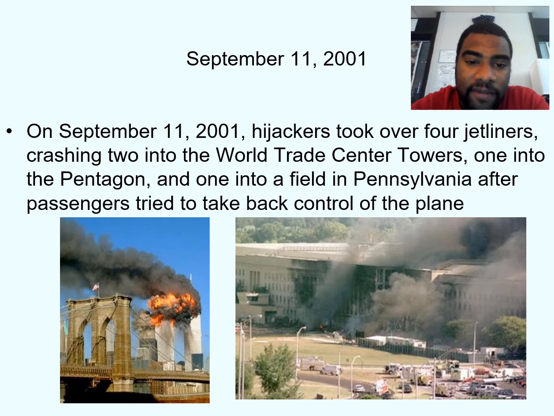On September 11, 2001, hijackers took over 4 jetliners, crashing 2 into the World Trade Center towers, 1 into the Pentagon, and 1 into a field in Pennsylvania after passengers tried to take back control of the plane.